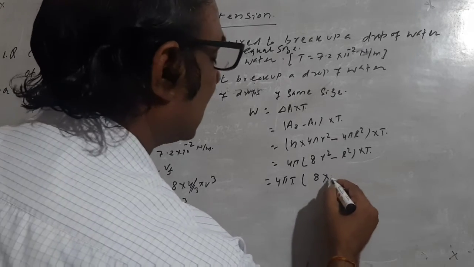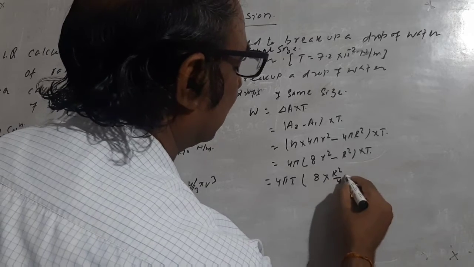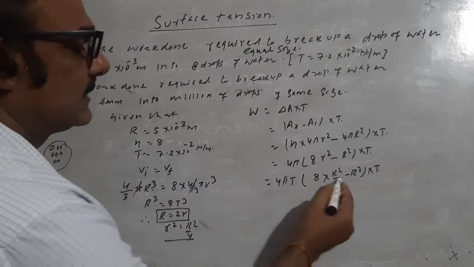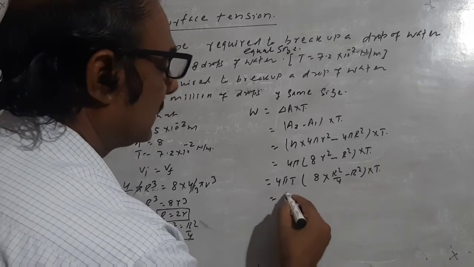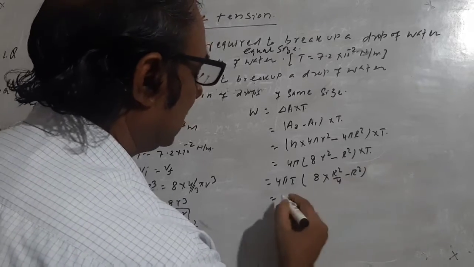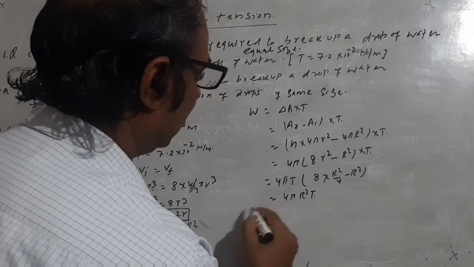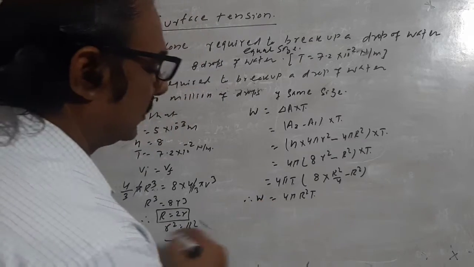Here R square by 4 into 8 minus R square is 2R square minus R square. So the general equation is 4 pi R square into T equals W.